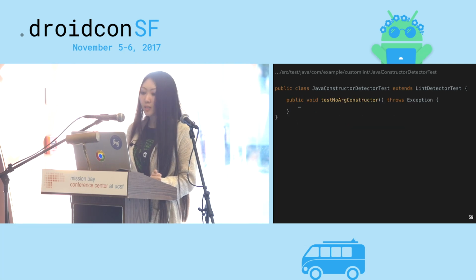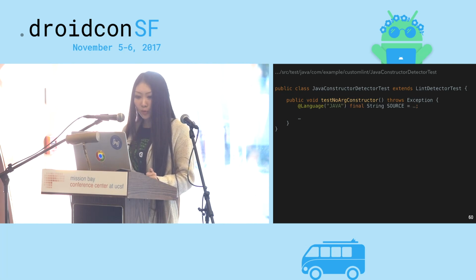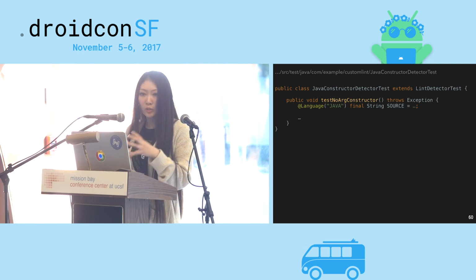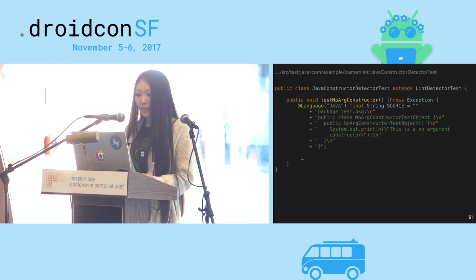So now let's test the simple case of a no argument constructor. In this case, it's okay, so we should not expect any lint error. Like I said, we need to create some test code. So here I'm specifying the language as Java, and the code is actually just a list of strings. So here is the code.